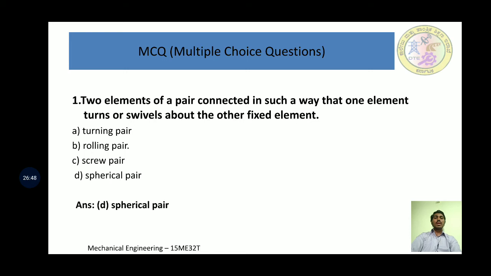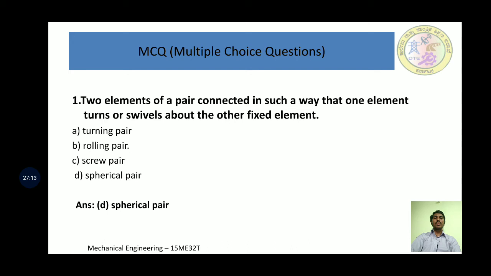Correct answer is spherical pair. Spherical pair means two elements of a pair are connected in such a way that one element turns or swivels about the fixed element. In turning pair, one can turn or revolve about a fixed axis of another ring. In rolling pair, one can roll over another fixed ring.